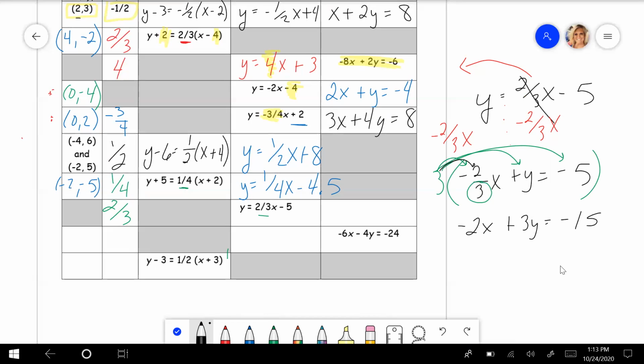Sorry, 3, not -3, 3. 3 times y gives me 3y. 3 times -5 is -15. The last rule, though, is that this x cannot be negative. So I need to change it. And if I change this to positive, I change the sign of all of them. So the next one changes to -3y, positive 15. So you should have gotten 2x minus 3y equals 15.